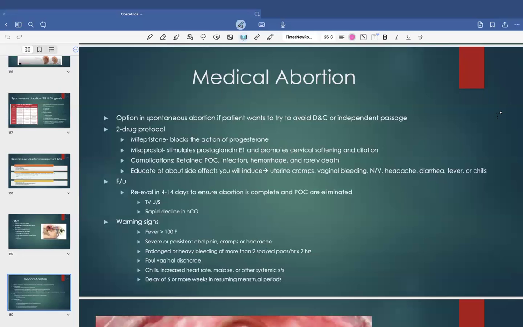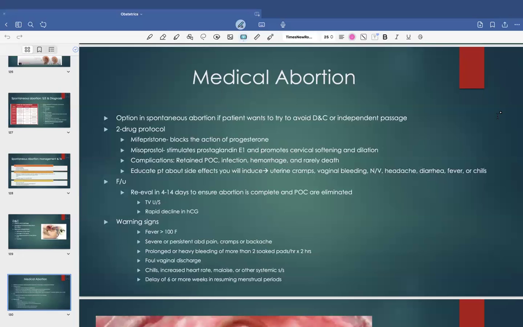Warning signs for a medical abortion and spontaneous abortions in general: fever over 100, severe or persistent abdominal pain, cramps or backache, prolonged or heavy bleeding of more than 2 soaked pads per hour for 2 hours.